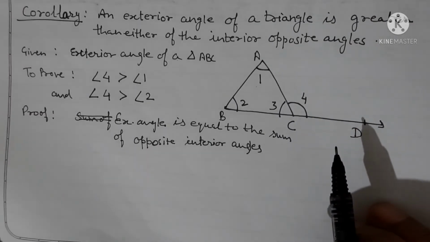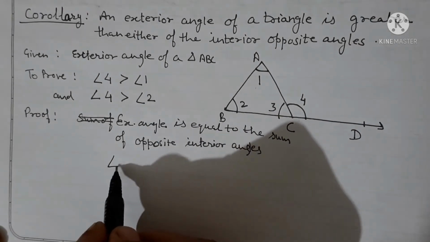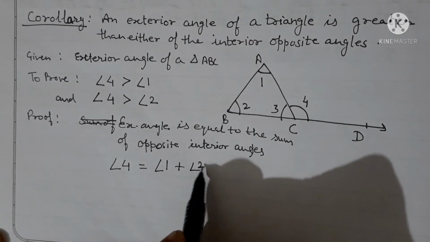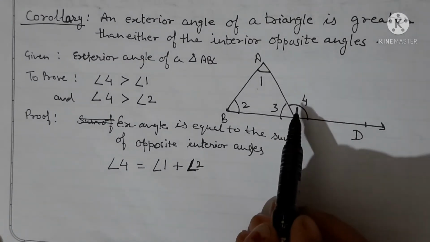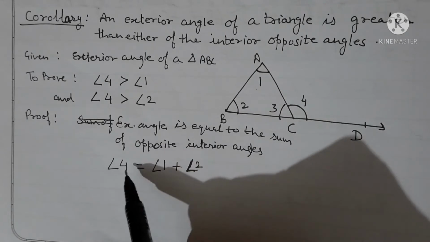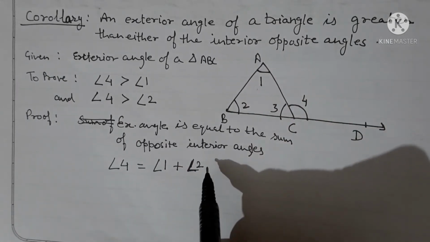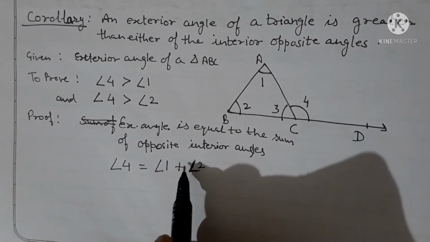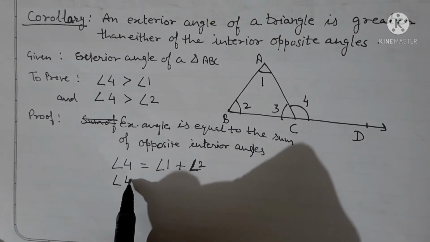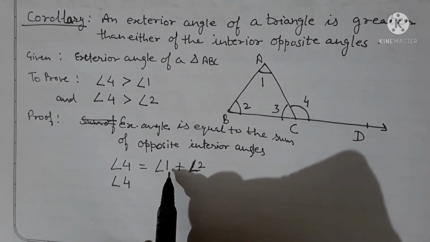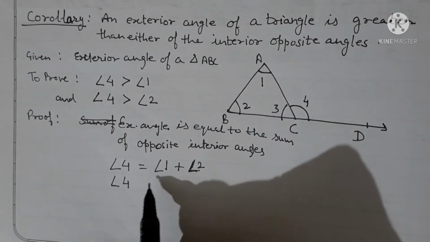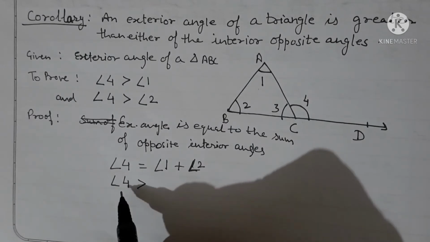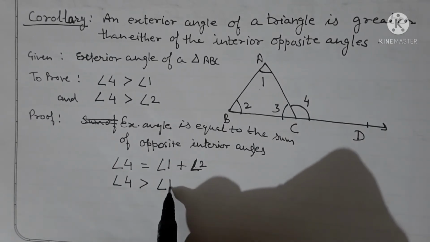Now look at angle 4 is equal to angle 1 plus angle 2. This is the exterior angle and equal to the sum of opposite interior angles. If we remove one angle from here, this becomes angle 4 not equal to angle 1. It should be greater than 1 if we remove 2 from here. So you can take angle 4 is greater than angle 1.